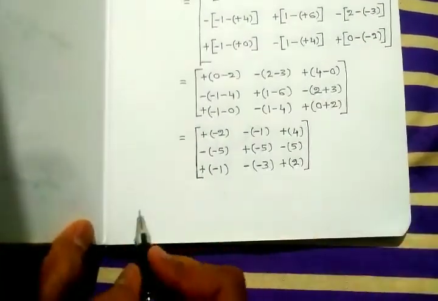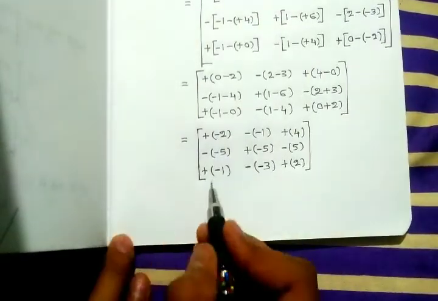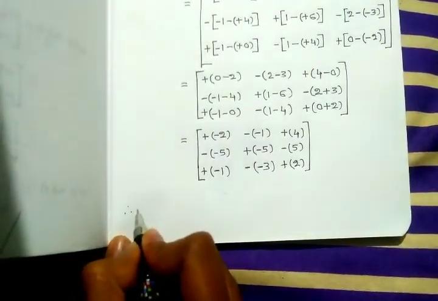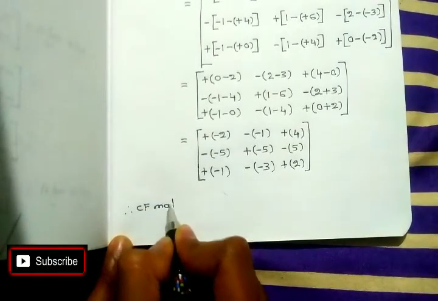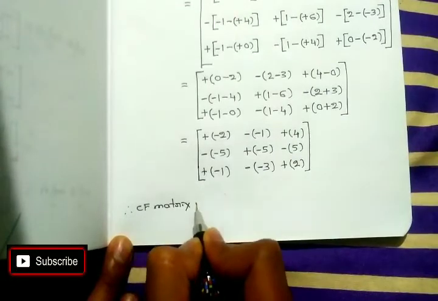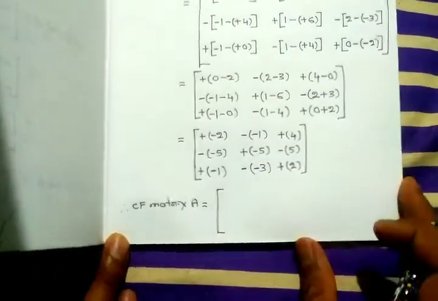Therefore, finally, next what to do? Outside sign and inside sign you multiply. Therefore, this is what? Cofactor matrix A is equals to, in bracket, multiply.